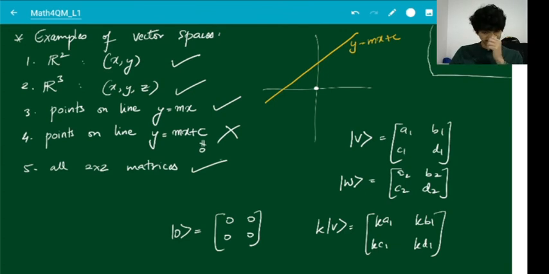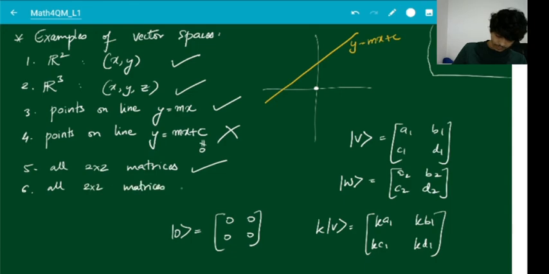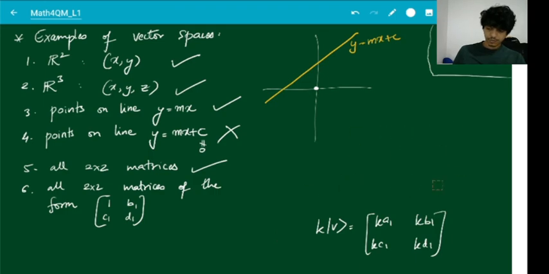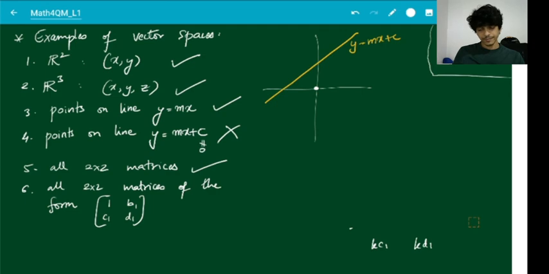What if I take all 2 cross 2 matrices of the form 1, B1, C1, D1? So again, these are all 2 cross 2 matrices, but with the requirement that the 1, 1 element has to be 1.